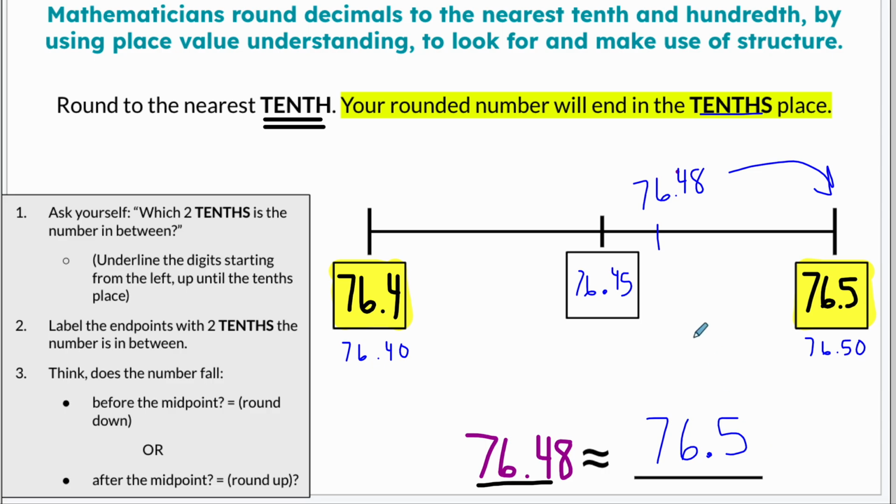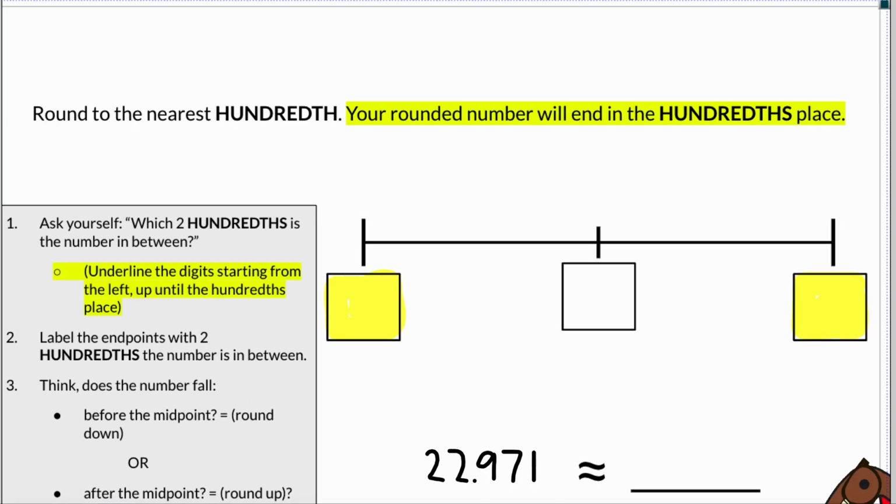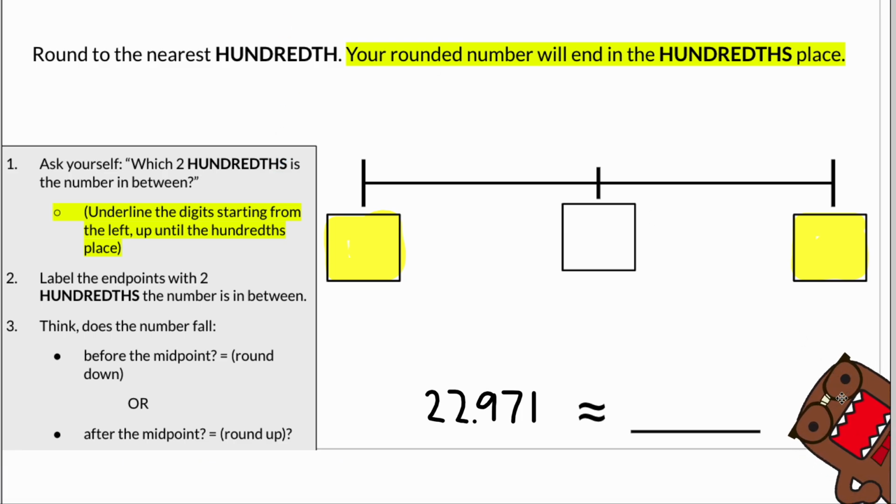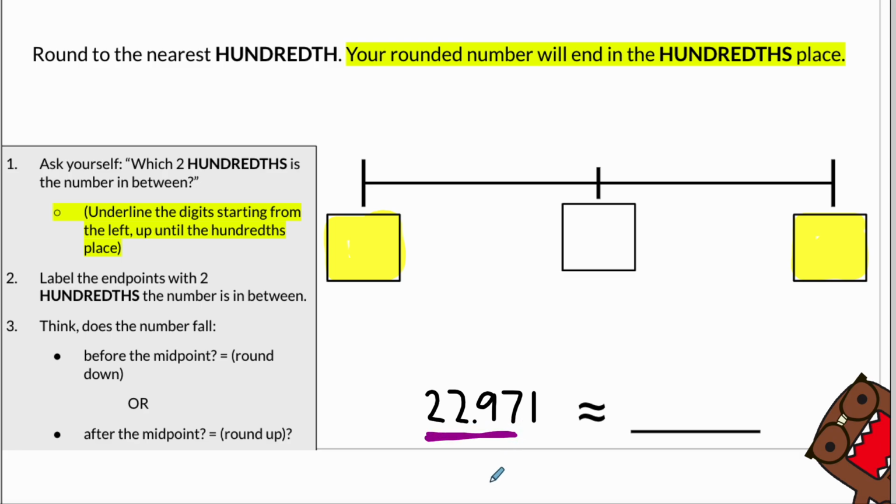All right, guys, last one, another level up. And this is another homework question. Now we want to round to the nearest hundredth. Your rounded number will end in the hundredth place. What digit is that? You know, Domo. I know, I'm just kidding. It's the 7. All right, cool. So just like before, we're going to start in our biggest place value, and we are going to underline until we hit the place value that we're rounding to. In this case, the hundredth place, that digit 7.